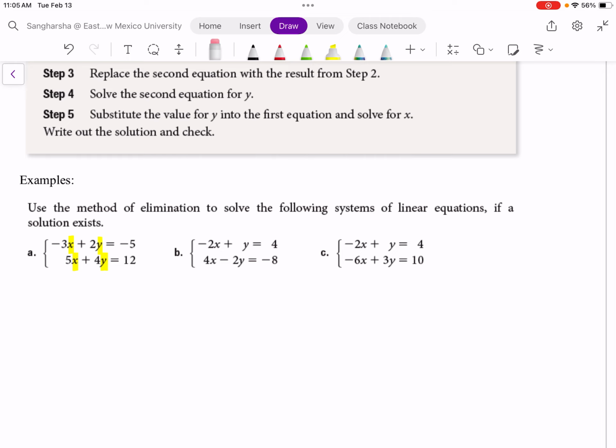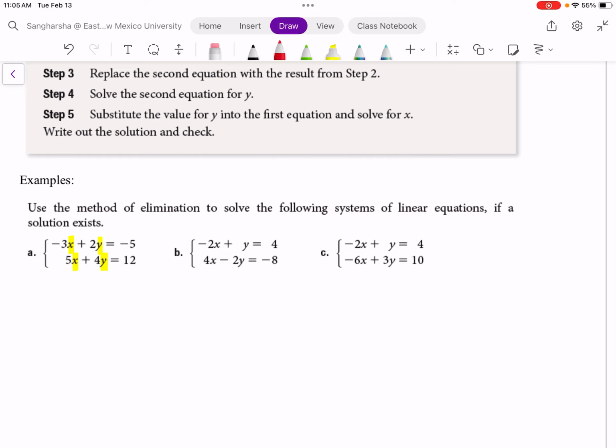Now we need to find for what x and y values these equations are true. So we need to find values for x and y that make these two equations true, okay? Now if we graph the linear equations, we get a straight line for each, okay?